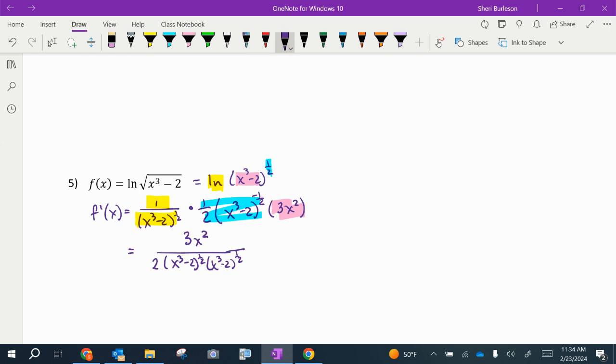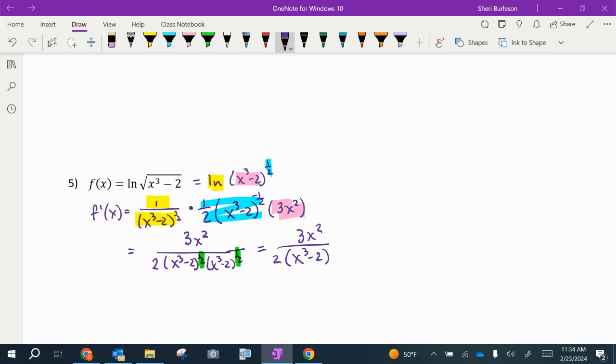Well, when I multiply with like bases, I just add my exponents. So here I have (x cubed minus 2) to the 1/2 times itself, which means I'm squaring that. So if I simplify this, I end up with 3x squared over 2 times (x cubed minus 2).